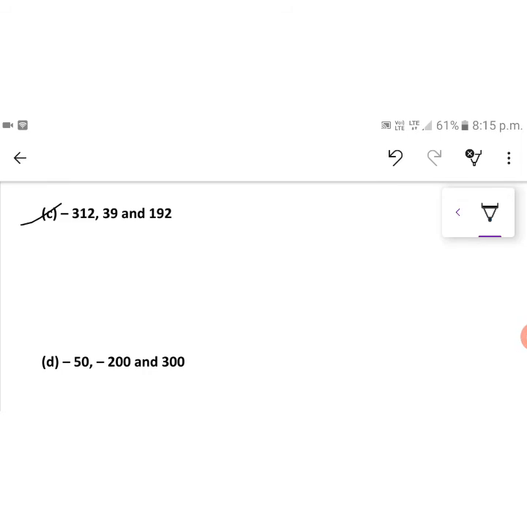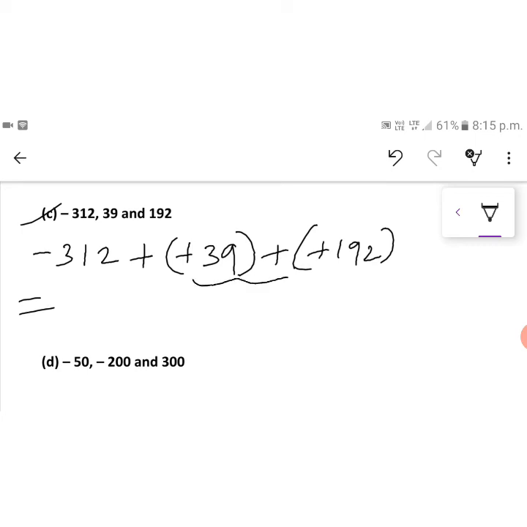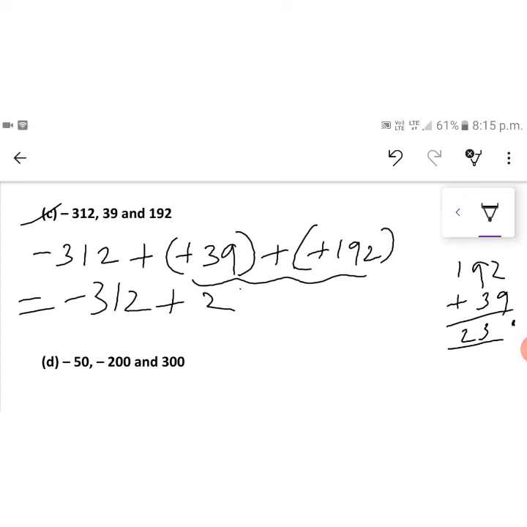C part. Minus 312 plus 39 plus 192. Now add these two numbers first. Minus 312 plus 192 plus 39, we get 231.